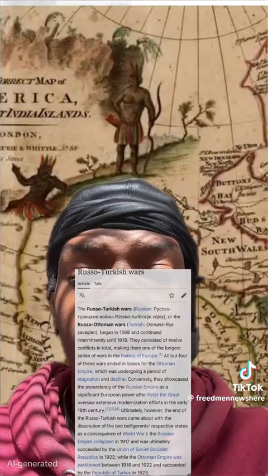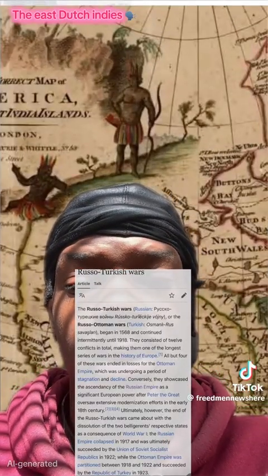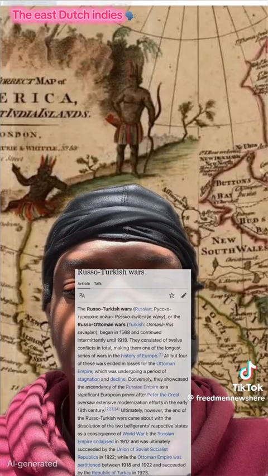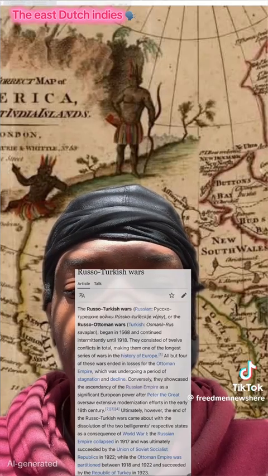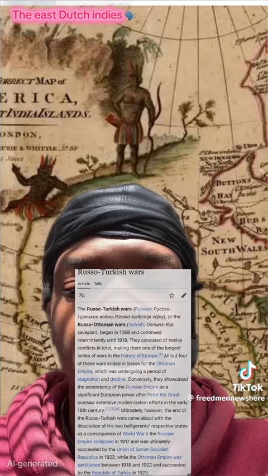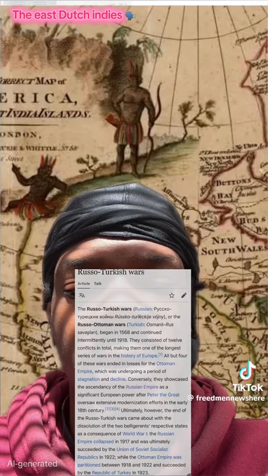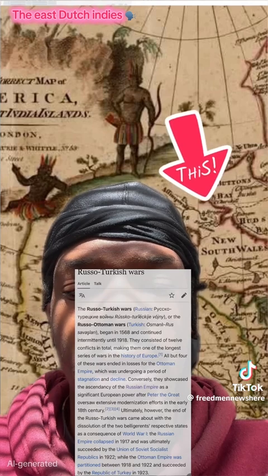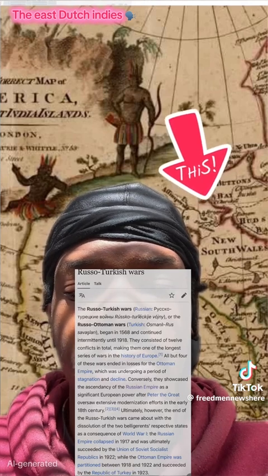The Russo-Turkish Wars began in 1568 and continued intermittently until 1918. They consisted of 12 conflicts in total, making them one of the longest series of wars in the history of Europe. All before these wars ended in losses of the Ottoman Empire, which was undergoing a period of stagnation and decline.